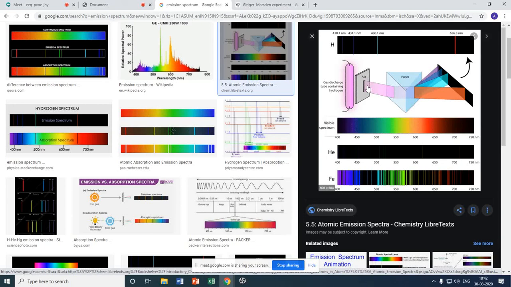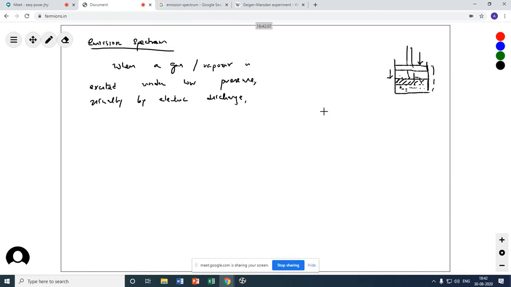You can just draw this picture here. I'll draw it. You see, this is the prism here. Here is our slit.